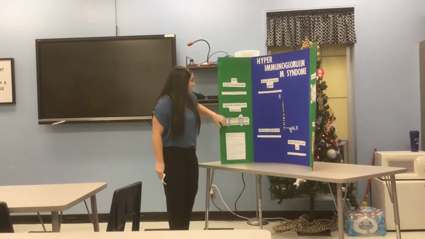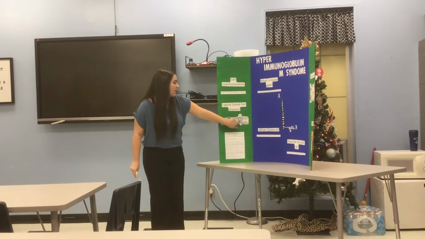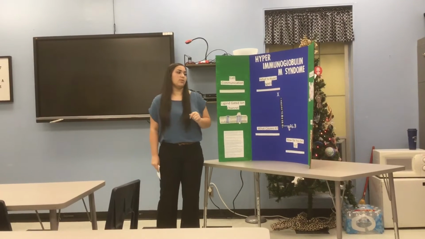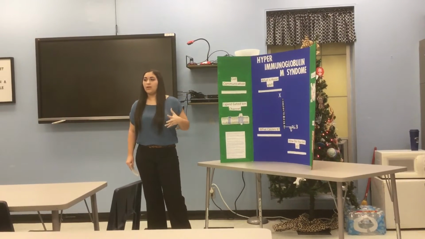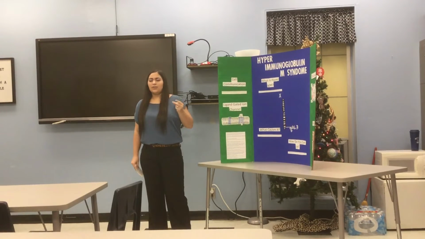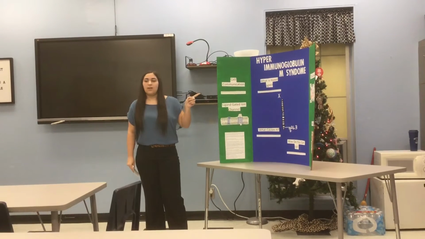And then a signal tells the ligand-gated ion channel to open the gate so our ions can flow through. And when the ions flow through, then comes transduction, and the B cells receive the signal to start producing new classes of antibodies. And then in the final stage, response, our B cells start producing different classes of antibodies.